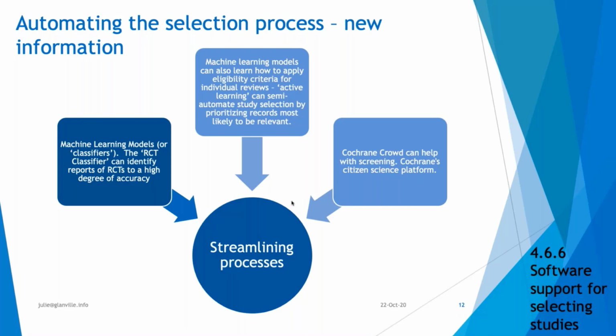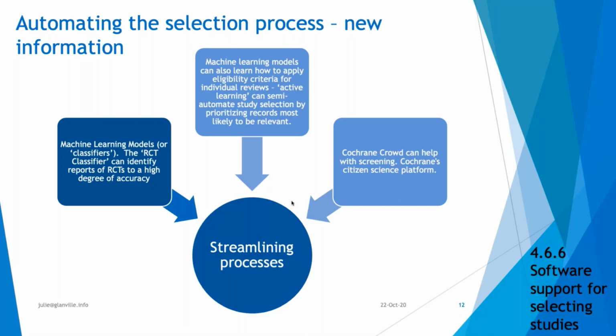There are, in many of the packages that you've seen on the previous screen, machine learning modules that you can train. You can teach the software the difference between relevant and irrelevant studies, and then after a period of training, the software can go away and make decisions and prioritize studies that are likely to be relevant for your particular questions.